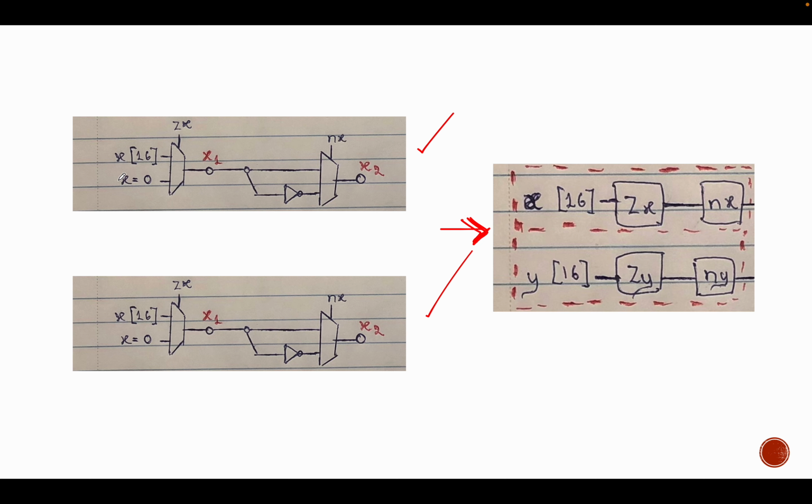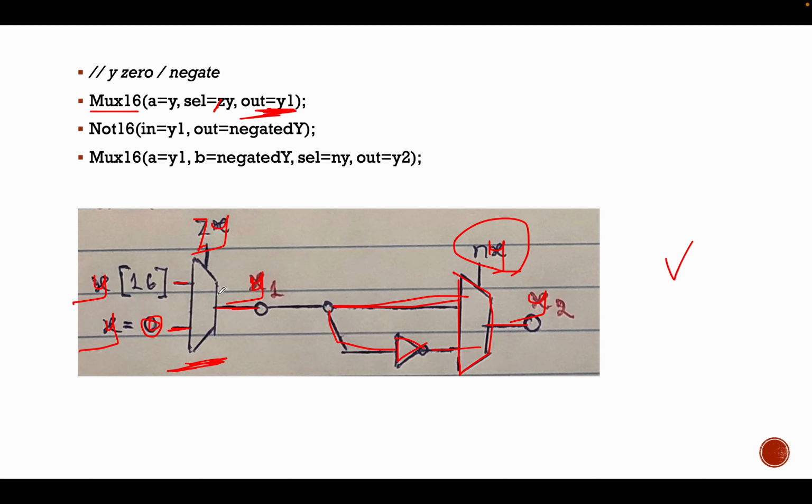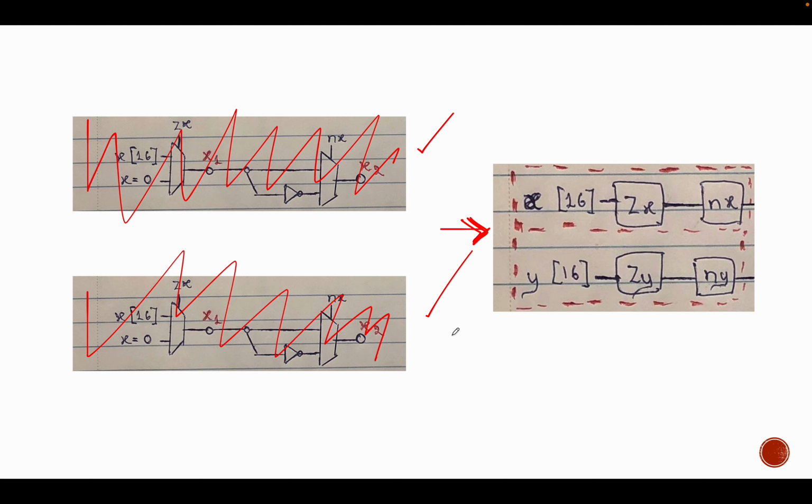So instead of having this x and this y, instead of having these layers of logic gates, we can convert that into this abstracted view, so that we can focus on a bigger picture in the next few slides. So this is the abstracted view. Okay, so let's move on.